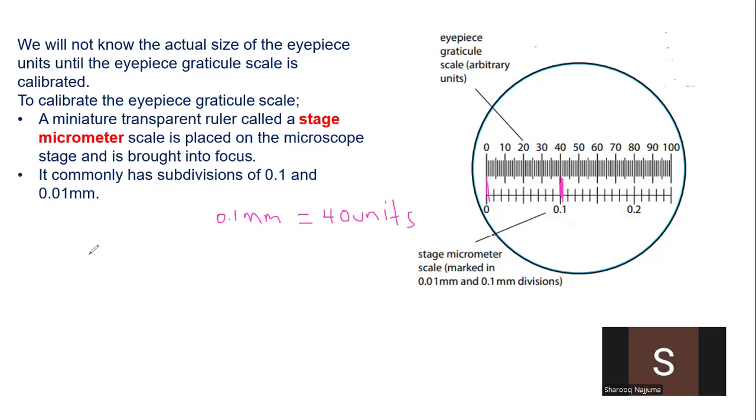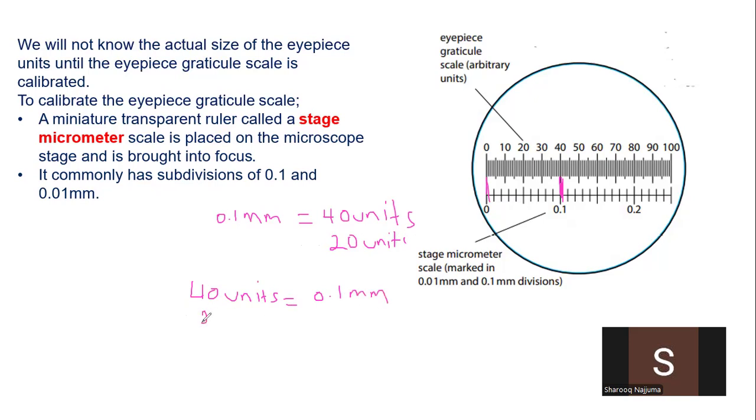Now, remember, the cell we measured was equivalent to 20 units. So I can do the math and find out what these units are, and I will be able to turn them into millimeters. That is going to be simple. You do the math: 40 units are equivalent to 0.1 millimeters.